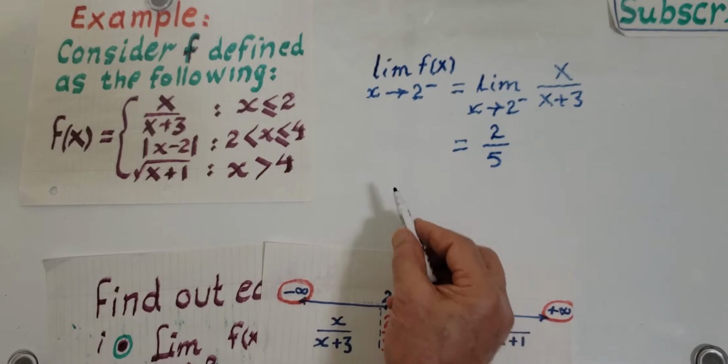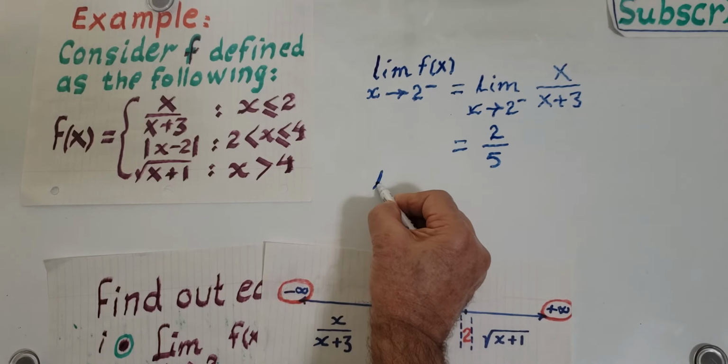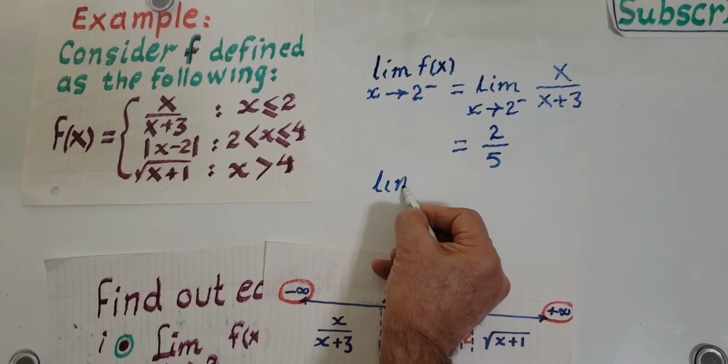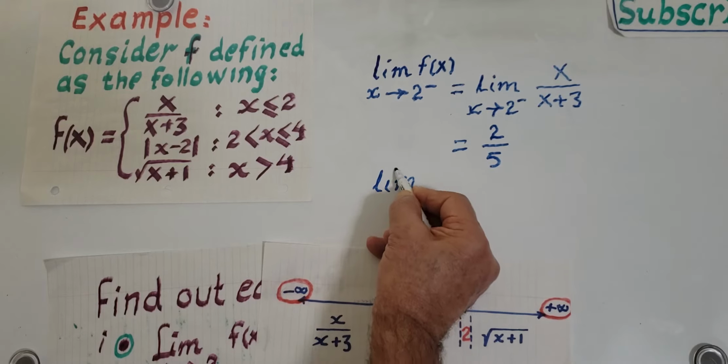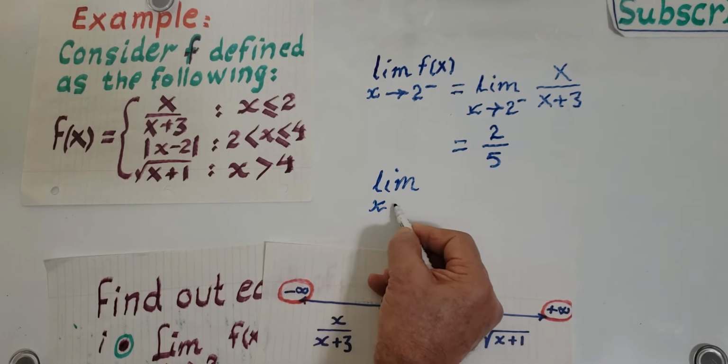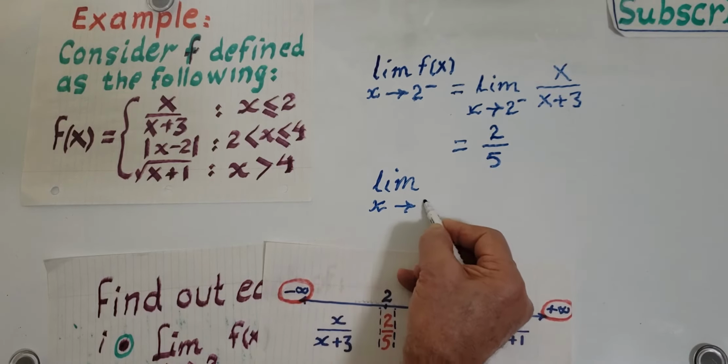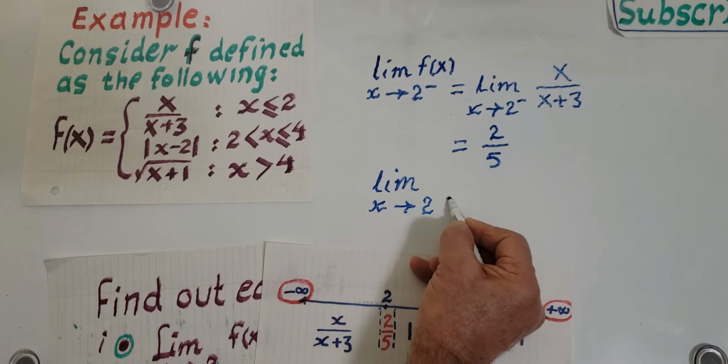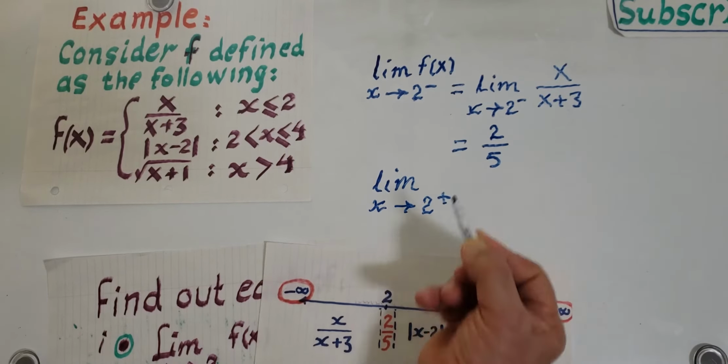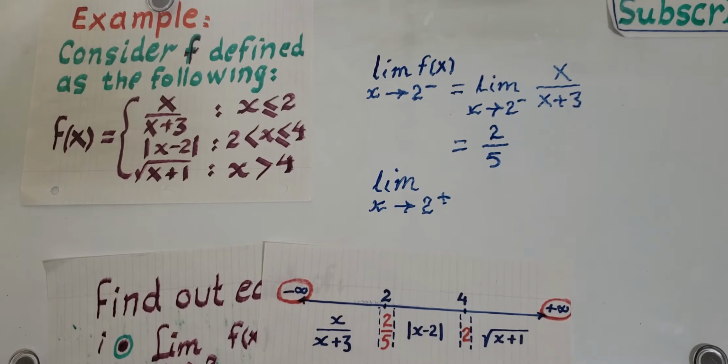Now we will look for the limit when x approaches 2 from the right. So we write here x approaches 2 from the right. I put here a positive sign, that means the right.